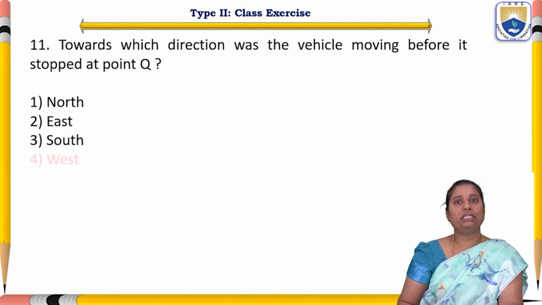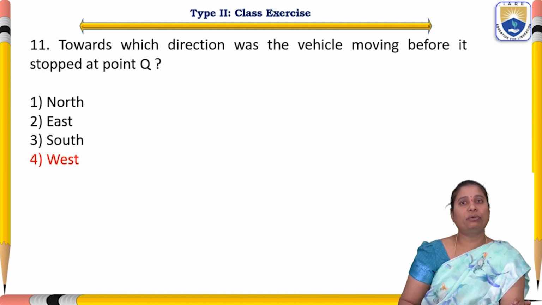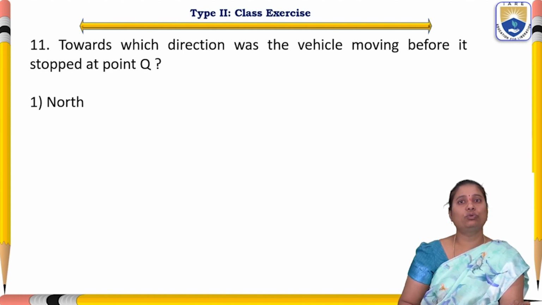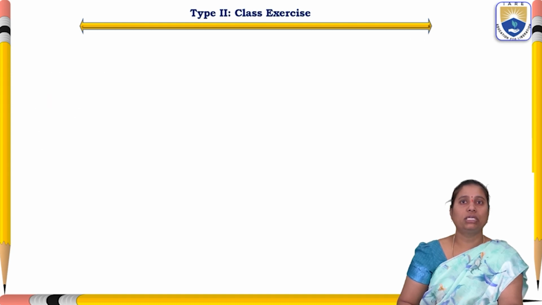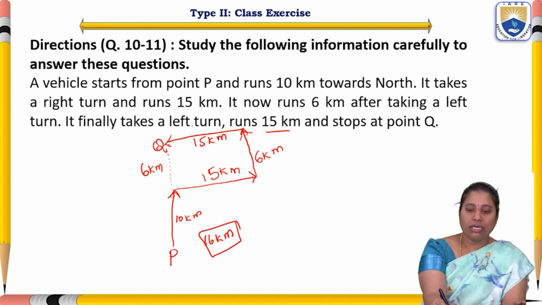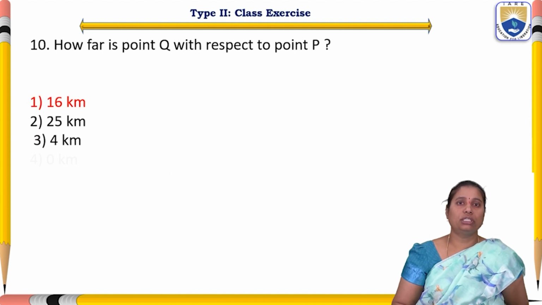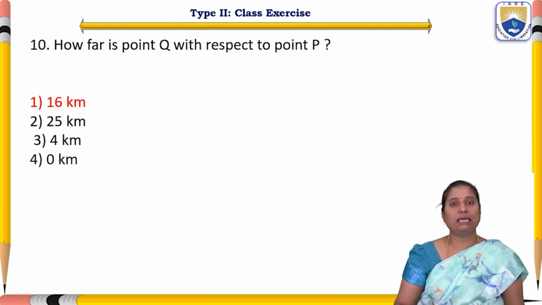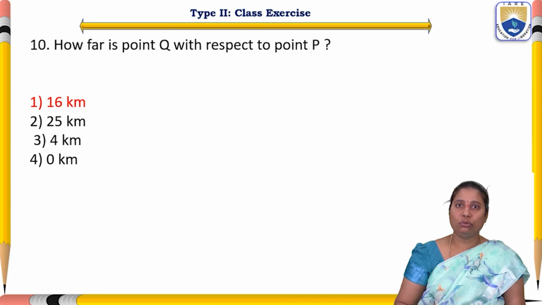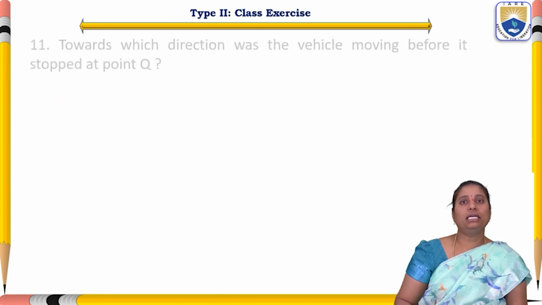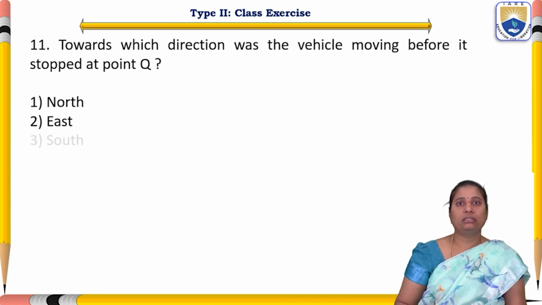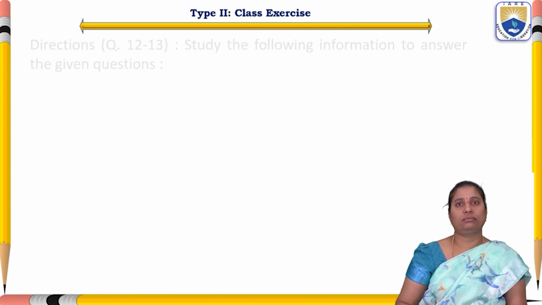We have seen already that before stopping at point Q, the vehicle was moving towards the west direction. So this kind of question is similar to type 1 as well as type 2, but narration-type elements will be given in this kind of questions.